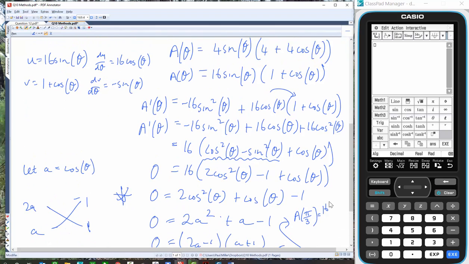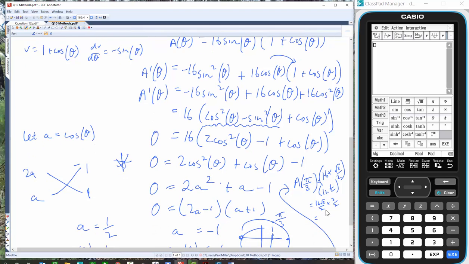I've got 16 times the sine of pi on 3, which is √3 on 2. And that's going to be all multiplied by this one here, which is 1 plus the cosine of pi on 3, which is 1/2. All right, so what I'm basically going to get is 16 √3 on 2 times 1 plus 1/2, which is 3 on 2.